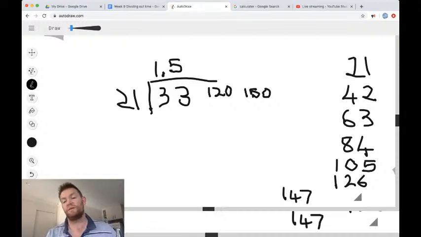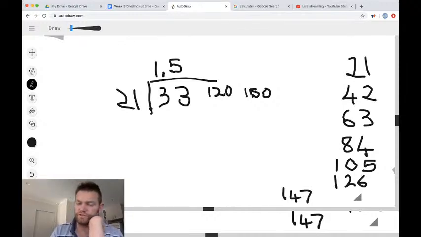Just writing them down because I might as well keep them on the side of my page because you never know, this equation might go on for quite some time and I might need them again later. So rather than just doing them in my head and going, oh, 21, 42, 63, I write them down because then I'm going to be able to go back to them.